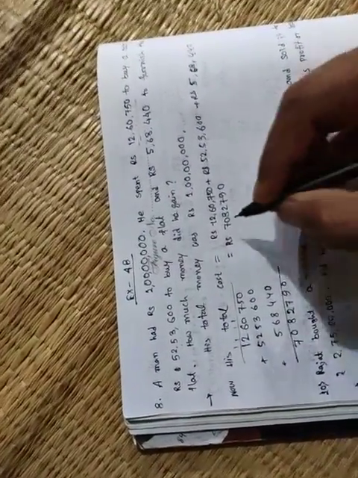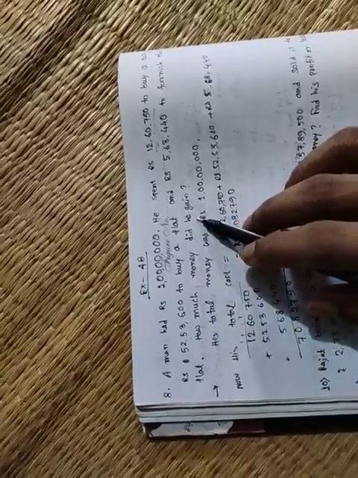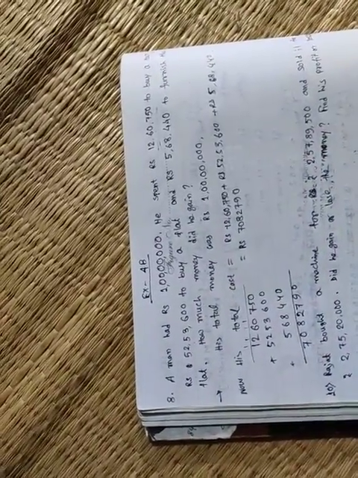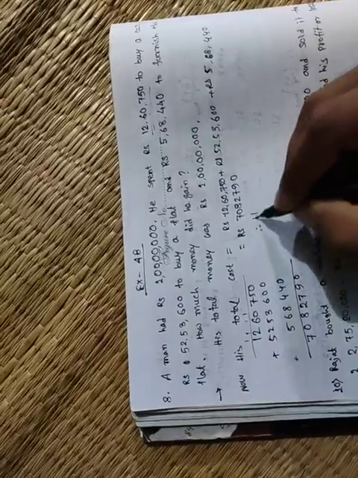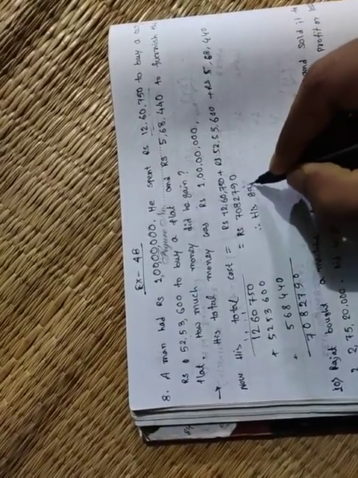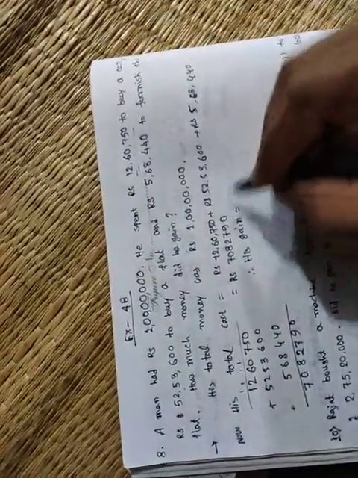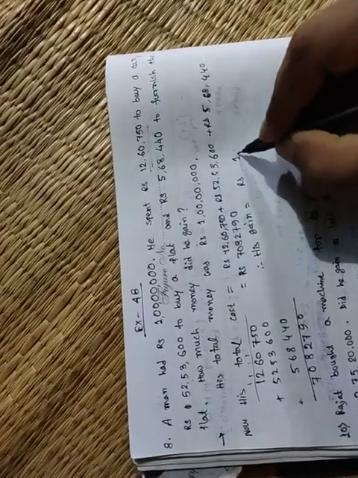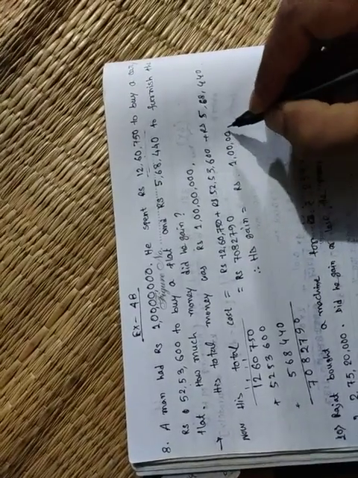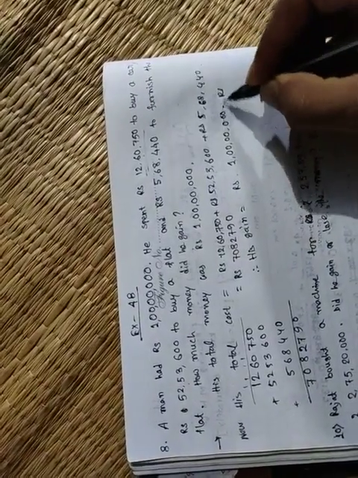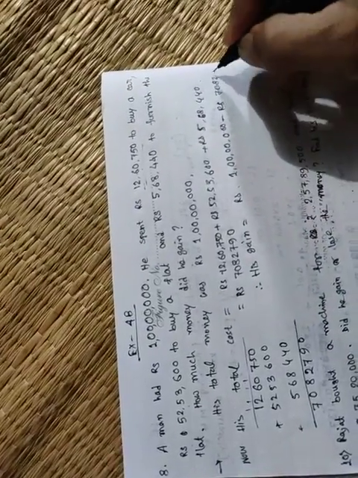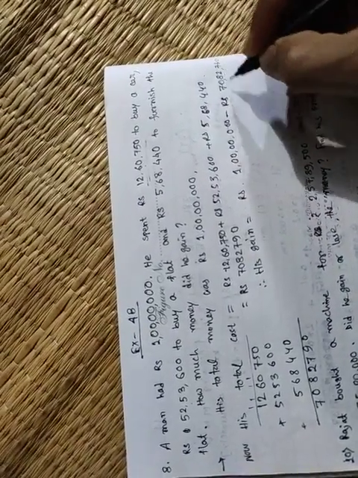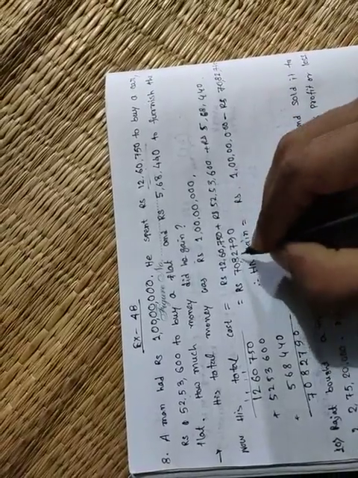Okay. So now we have to find the gain. As I have seen, his total money is greater than this, so there is a gain. So his gain is equal to rupees 1 crore minus rupees 7082790.